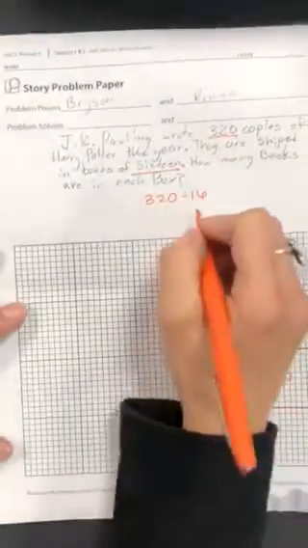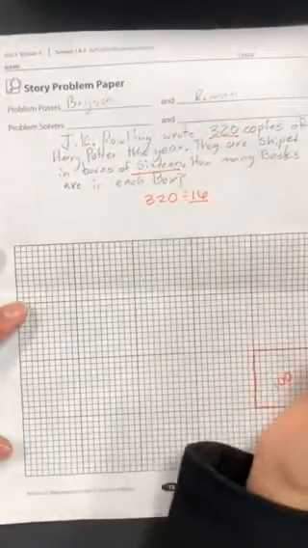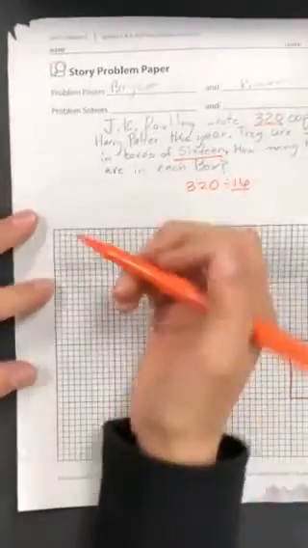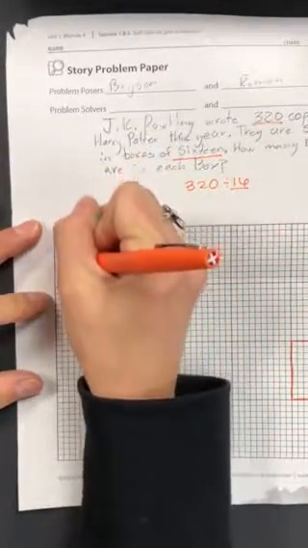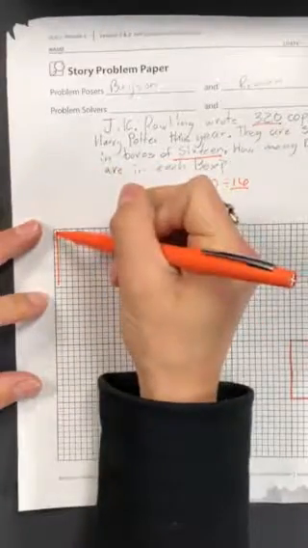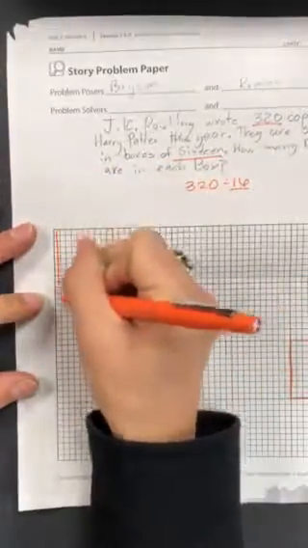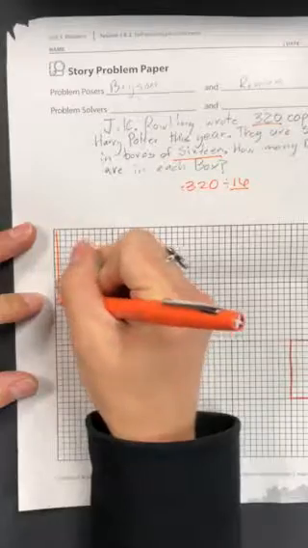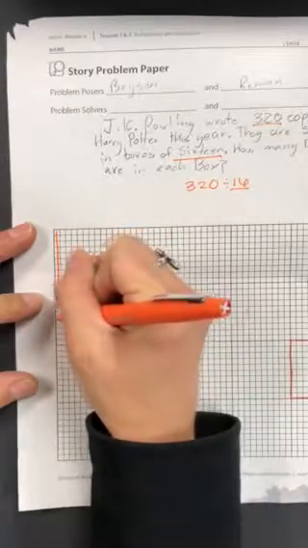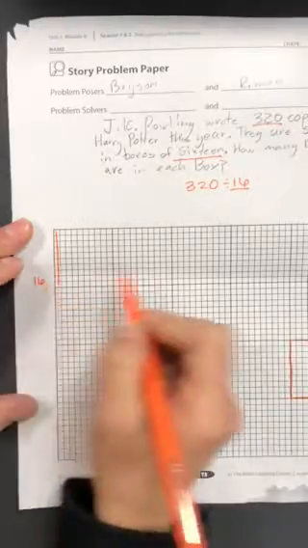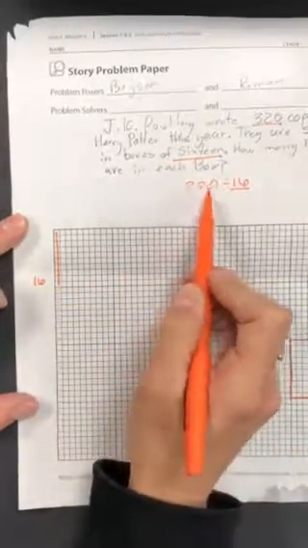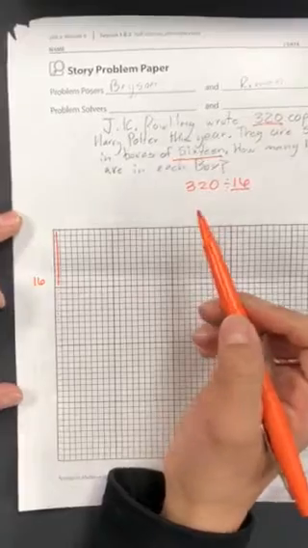So I'm going to start with my known number, or my divisor, and create 16 groups on the side here. The students would know that that's 10, and then 11, 12, 13, 14, 15, 16. So those are my 16 groups that I need to put 320 pieces into.